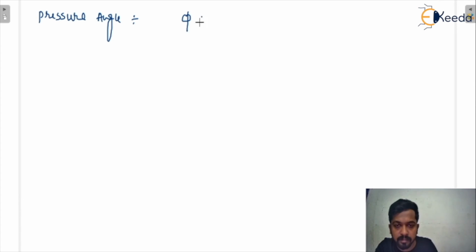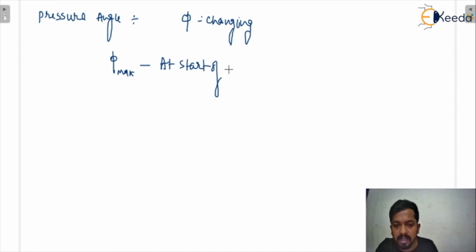How is it changing? Phi will be maximum at the start of engagement, and phi will be 0 at the pitch point.